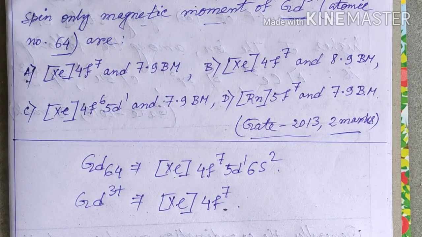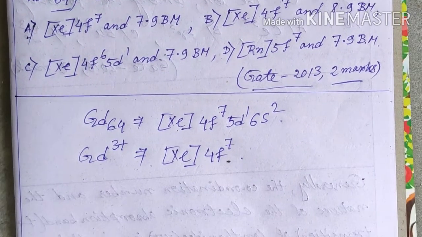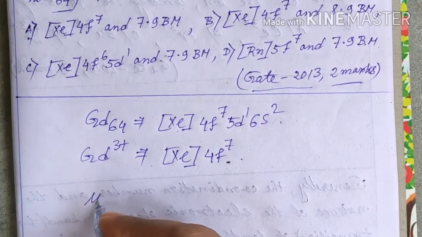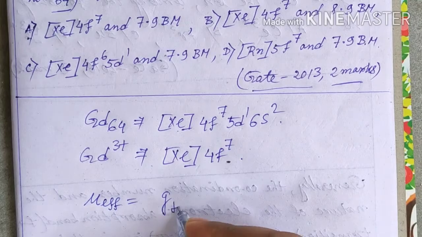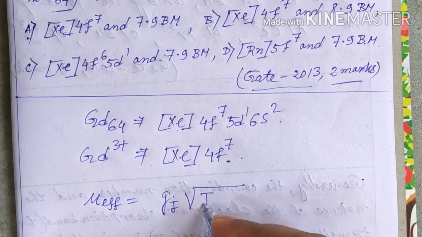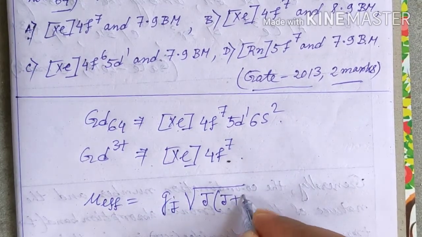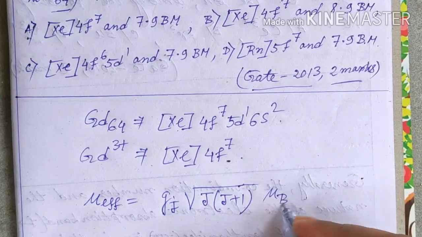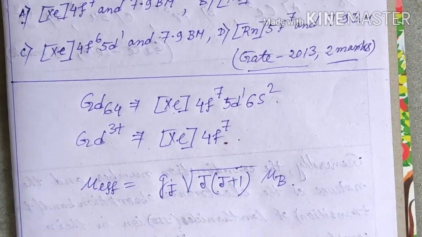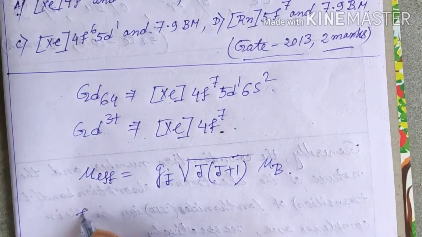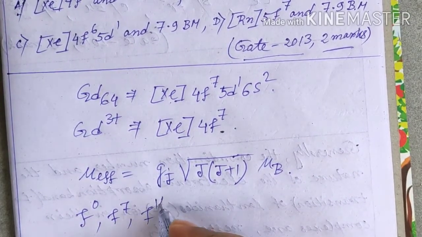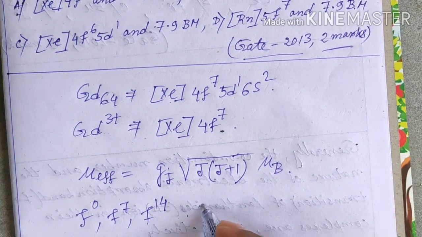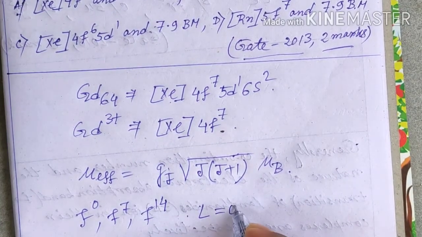And for lanthanide elements, as I have discussed in the previous lecture, the expression for mu effective is equal to gJ into root over of J into J plus 1 Bohr magneton. Now for electronic configurations like f0, f7 and f14, the value of L, that is the angular quantum number, is equal to 0.